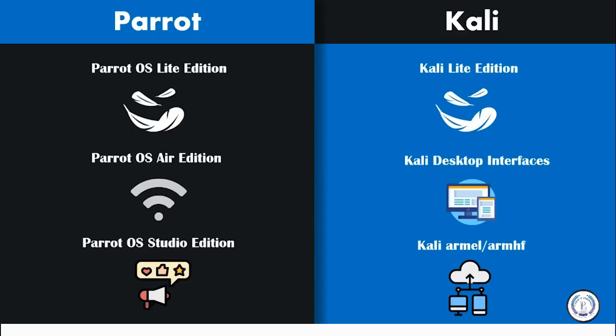Other than that, Kali also has support for cloud and IoT devices in the form of the ARMEL and ARMHF releases. These releases are also available in Parrot OS, so Parrot OS doesn't stand down. As you see, Parrot OS provides a lot of diversity in the variety that it is offering. So in my opinion, Parrot OS also takes the prize in this section.